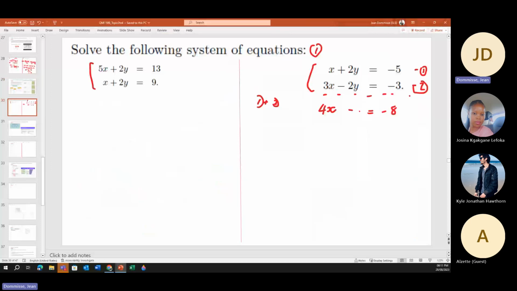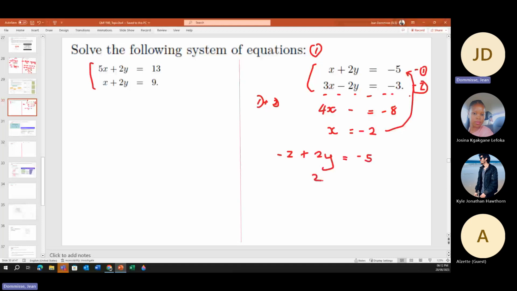Then I can easily say, let's divide on both sides by 4. So my x is minus 2. And then all that I do is substitute that into any one of the formulas. It doesn't matter which one, you will get the same answer. So I said, okay, let's substitute it in the first one. Minus 2 plus 2y is equal to minus 5.